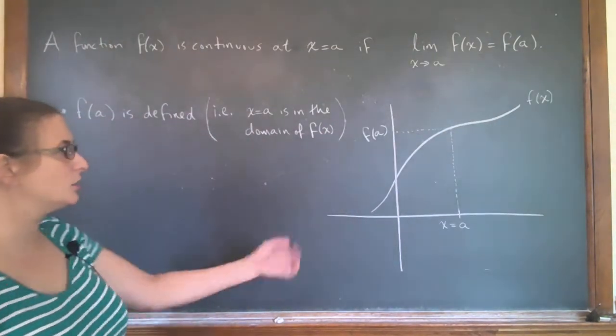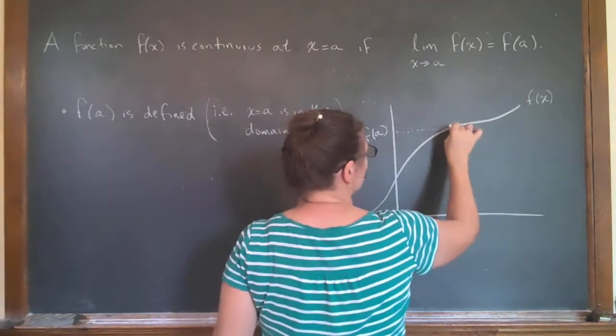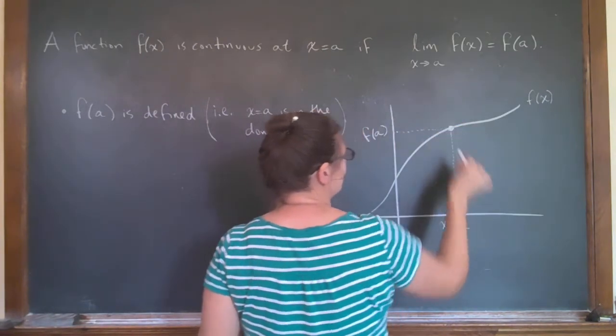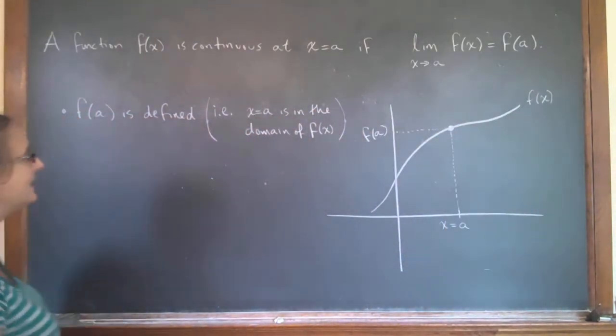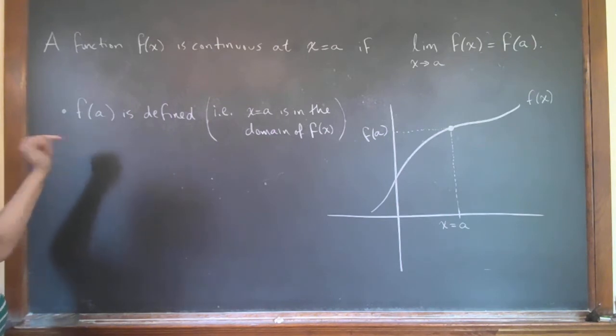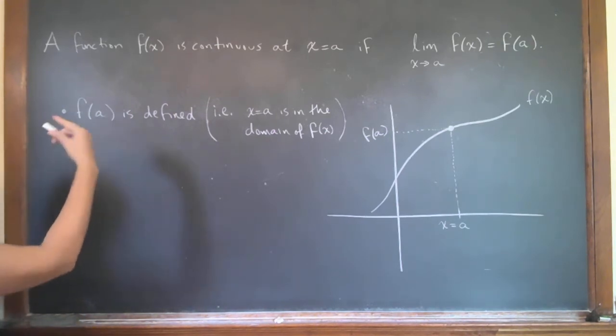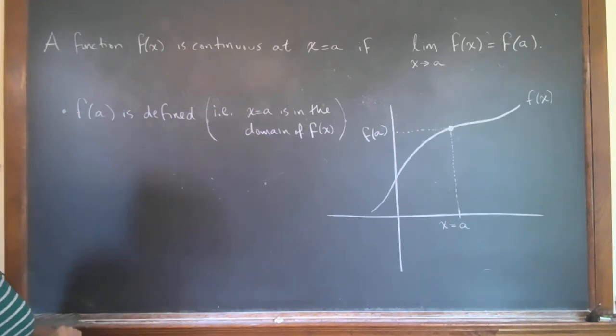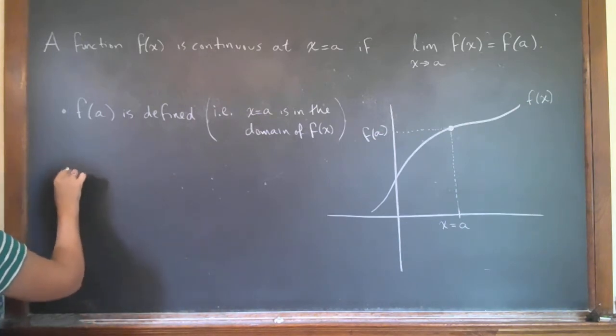So I've got a closed circle there. Nothing exciting is happening there. So first of all, the value of the function at the point x equals a is defined. That is precisely what I mean.